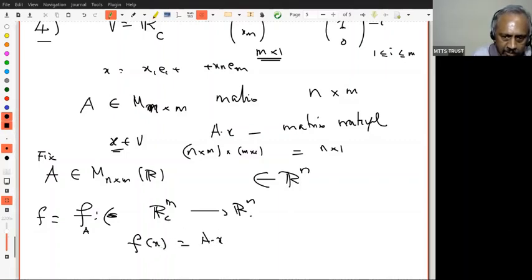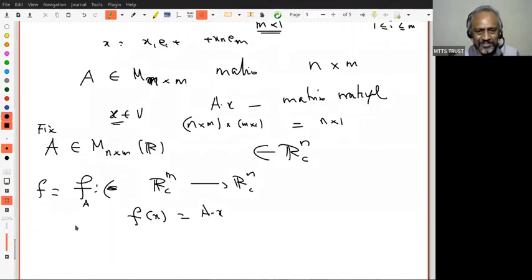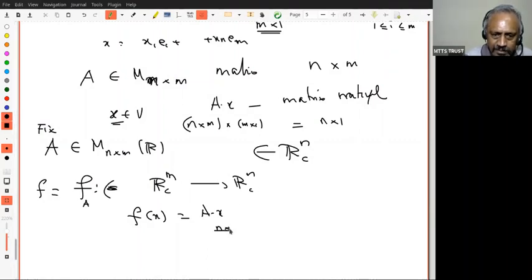This is also a column vector. If I forget, don't get perturbed. In this particular context, we are thinking only of column vectors. Oh, sir, forgot to write the C. Right. Is this clear to you? Because this is n cross 1, therefore I can think of it as a column vector. Okay.